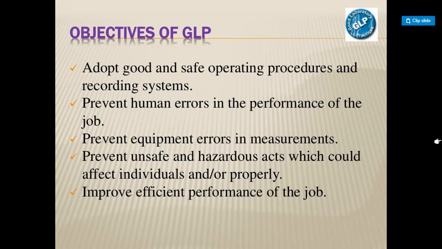Suppose you take a vernier caliper or screw gauge, which we studied in school: there may be a positive error, there may be a negative error, and we find out that error. Likewise, different machines in use for a long time slowly develop small gaps and start making small errors. So we need to keep proper records and find out that error so that it does not interfere with our products.